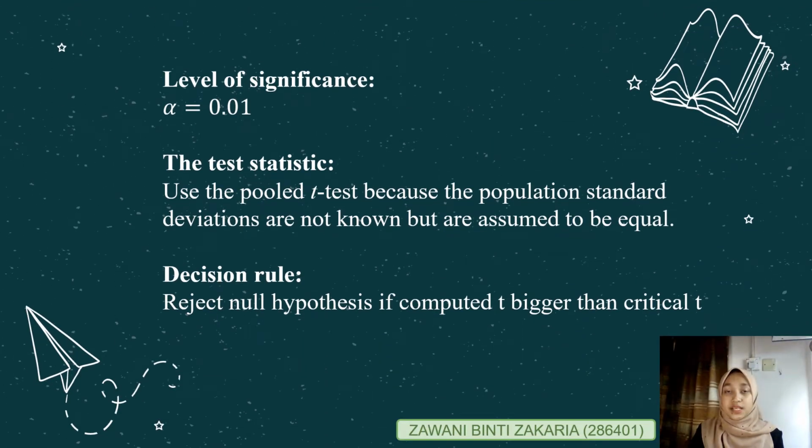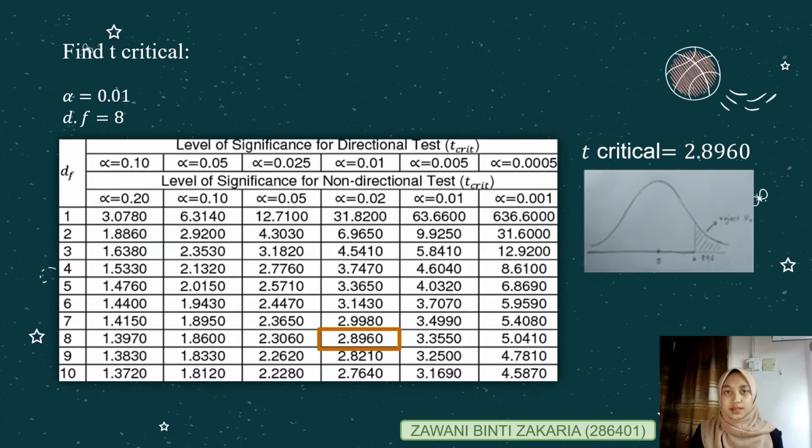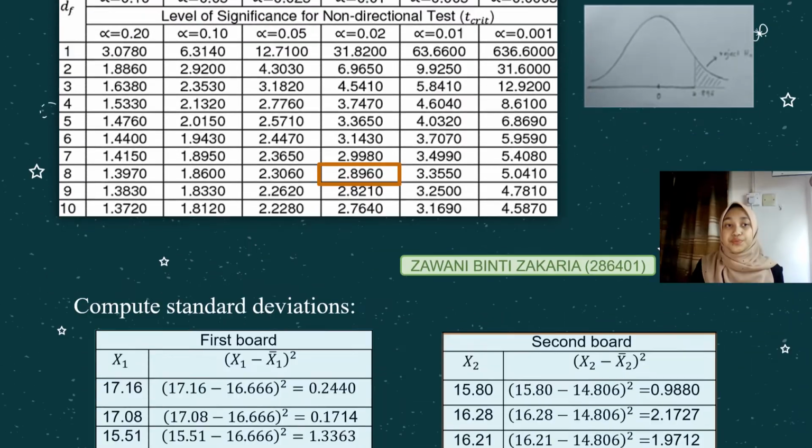Level of significance alpha equal to 0.01. The test statistic uses the pooled t-test because the population standard deviations are not known but are assumed to be equal. Decision rule, reject null hypothesis if computed t bigger than critical t. Find t critical using t distribution table, alpha equal to 0.01, degrees of freedom equal to 8. T critical is equal to 2.896.